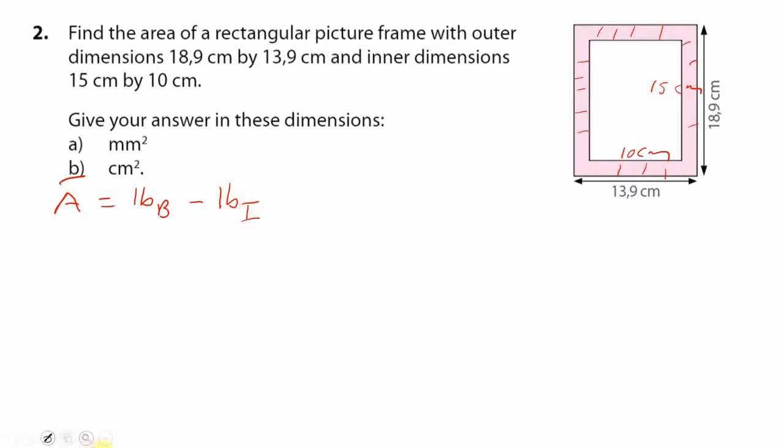Maybe let's rather make use of outside or complete and inside. So I'm going to say W for whole minus the inside.